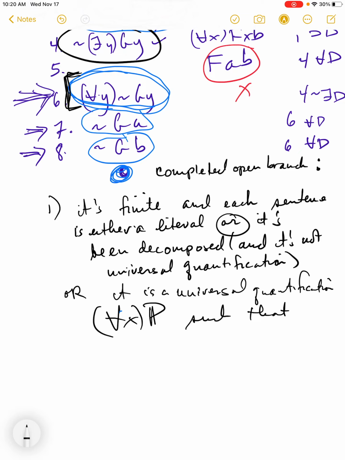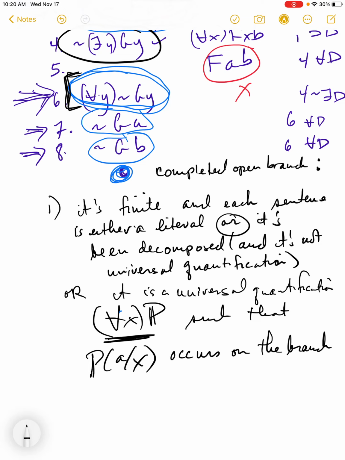So if it is a universal quantification of the form, for all x, blah, blah, blah, then the sentence on the branch is such that the instance where you've put in a for x occurs on the branch for each constant. I'm trying to do this in a rigorous way, and then I'll explain it a little less formally. Of course, this is in the text. That occurs on the branch.